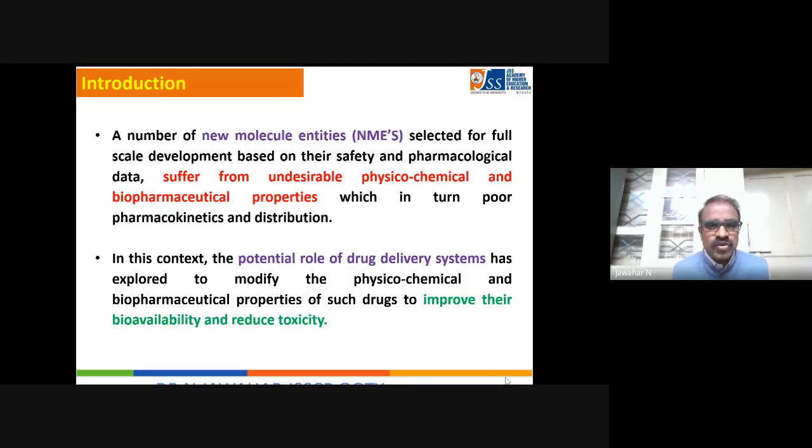So in this context, the potential role of drug delivery systems has to be explored in order to modify the physicochemical and biopharmaceutical properties of such drugs, to improve their bioavailability and reduce toxicity. This is exactly the role of the drug delivery scientist.